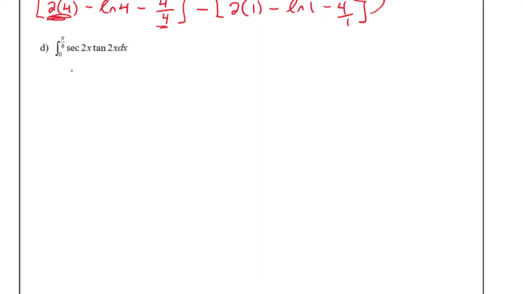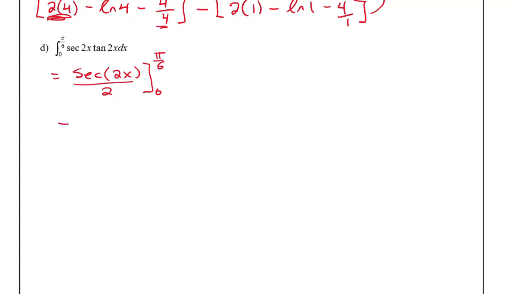So we can say this is equal to secant 2x. But then remember, with our antiderivatives, it would be times 1 over k, right? And the k value was our 2. So it's 1 over 2, or just secant over 2. All right, so it's that from 0 to pi over 6.